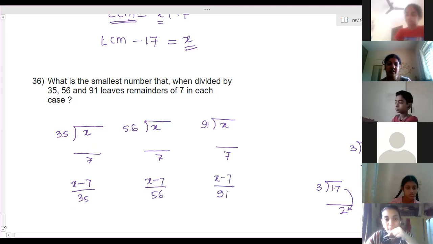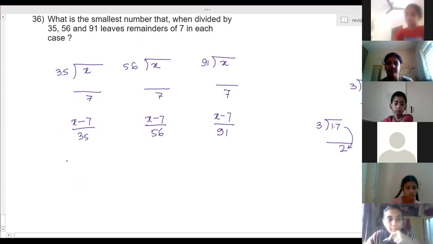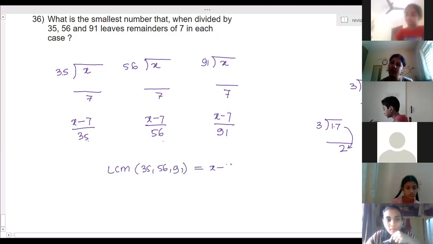So what should be the x minus 7 value? x minus 7 is divisible by all three, 35, 56, and 91. So the LCM of 35, 56, and 91 is equal to x minus 7. Right? Now how to find x then? LCM plus 7. So LCM plus 7 is the value of x.